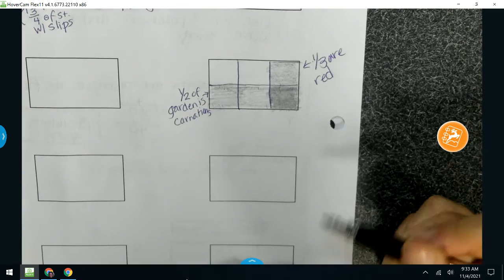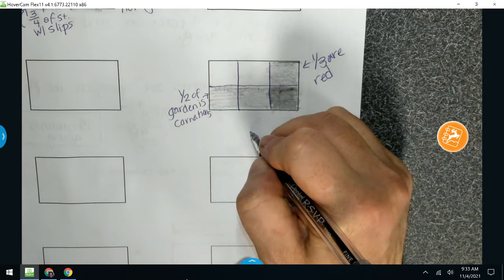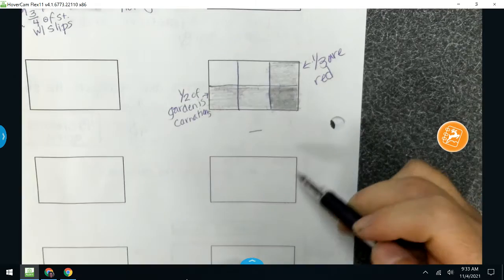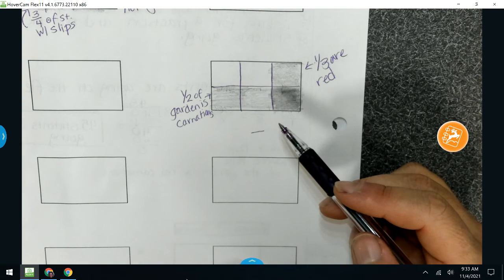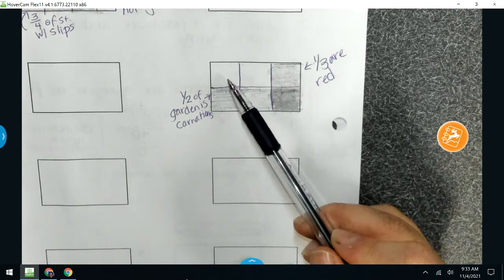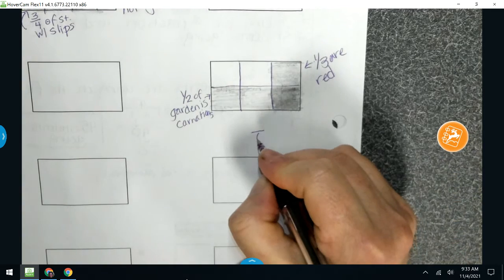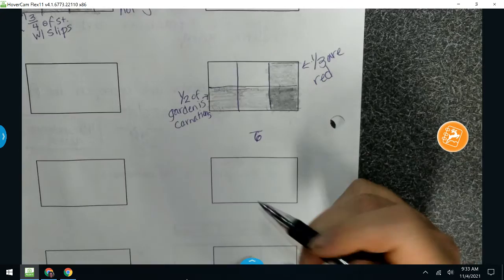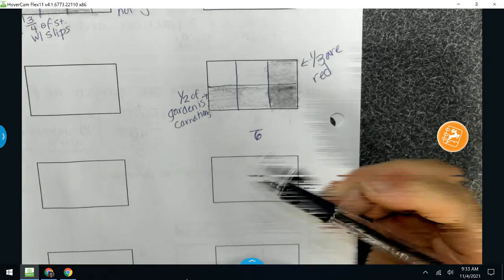So in this case, again, my denominator is the total number of squares inside, and then my numerator is what's double shaded. So I have 1, 2, 3, 4, 5, 6 total possibilities here. But of the ones that are double shaded, we just have 1.